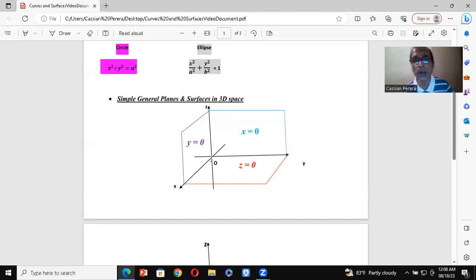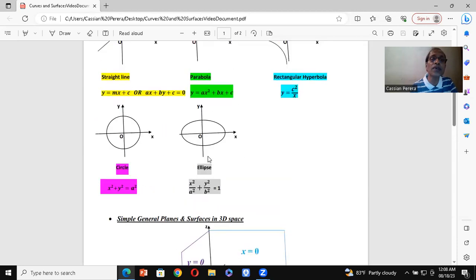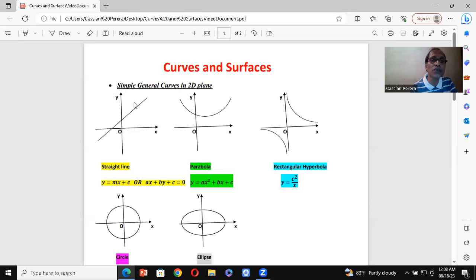Now, in the earlier case, if you mark x equals 1, it's a straight line. x equals 1, x equals 2, x equals 3, here x equals 0, x equals -1 this way, -2, like that.